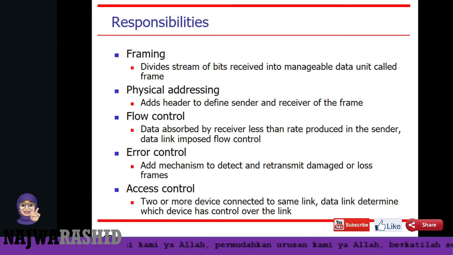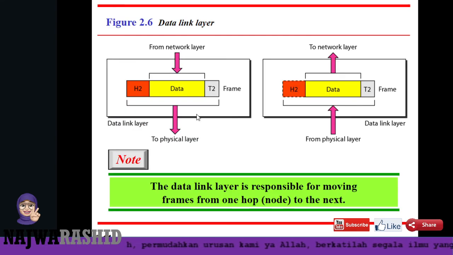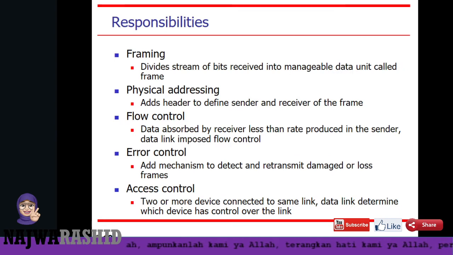Okay, this one is a frame. In a frame we have a header and we have a tail. We have the head and we have the tail. So inside the header and inside the tail, they have their specific data. At the header part, we have the addressing or physical addressing.